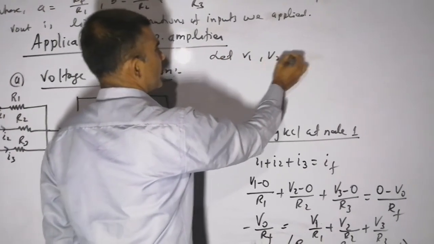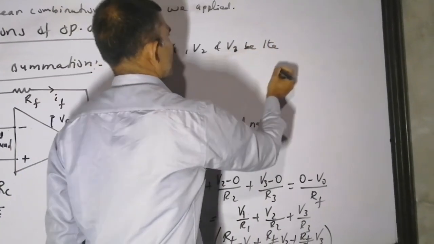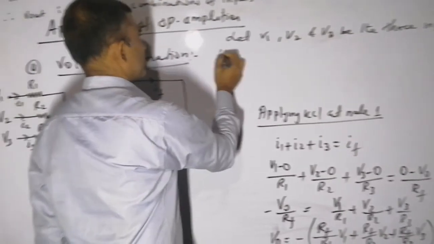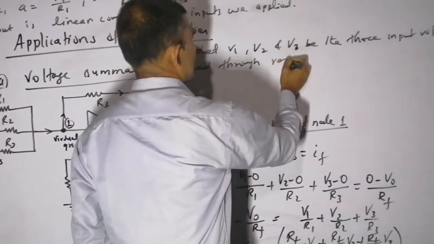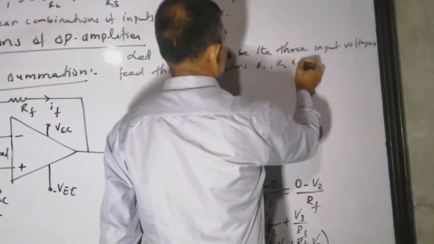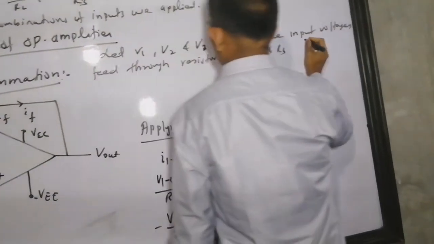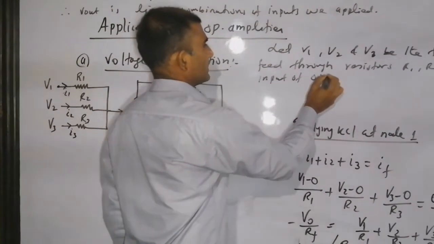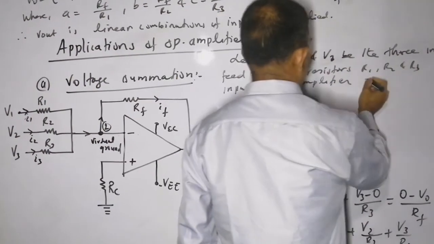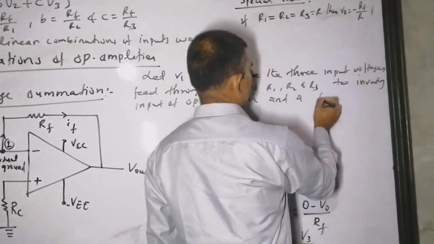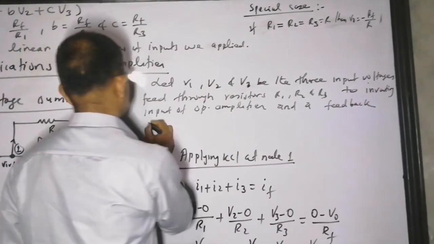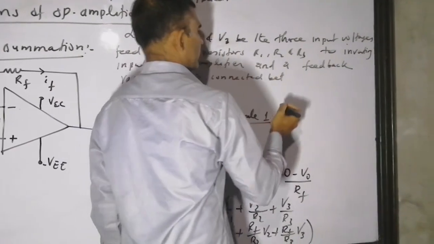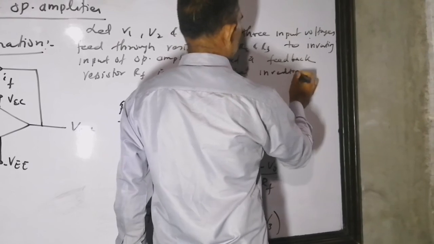Let V1, V2 and V3 be the three input voltages fed through resistors R1, R2 and R3 to the inverting input of the operational amplifier, and a feedback resistor RF is connected between the inverting and output terminals.